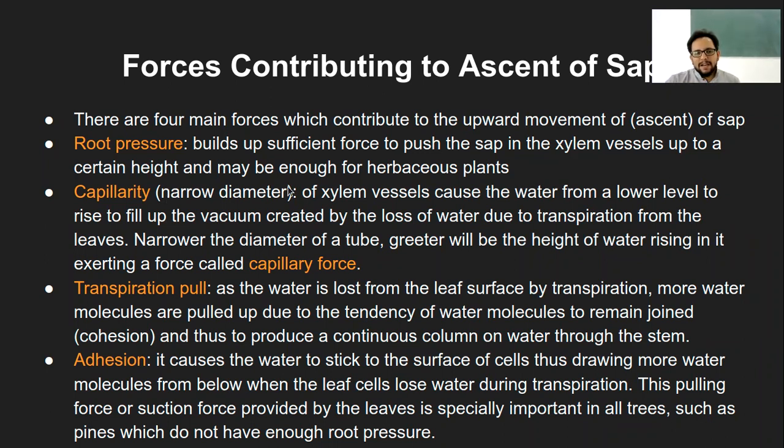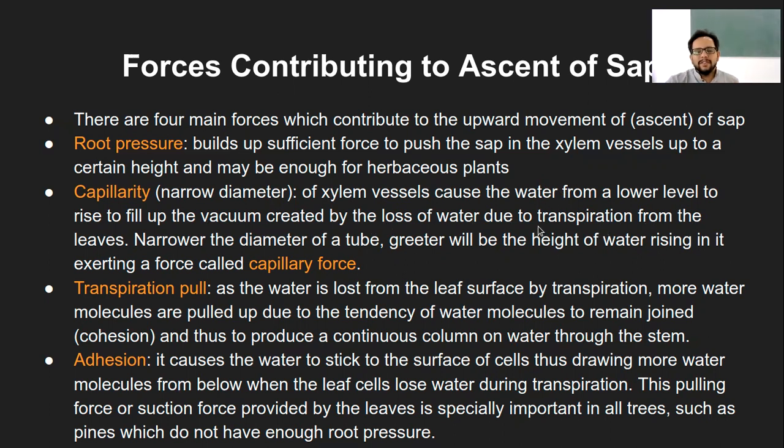Then capillarity. Capillarity is nothing but the capillary action, right? And I assume you would have studied this in physics or chemistry, which means because of the narrow diameter of these xylem vessels, they cause the water from a lower level to rise to fill up the vacuum created by the loss of water. And this is specifically due to the transpiration process.